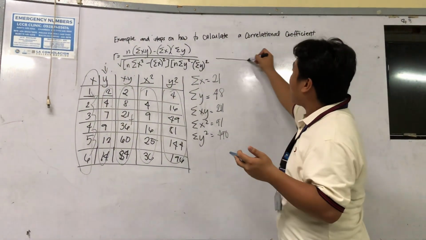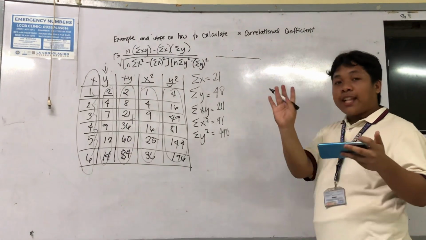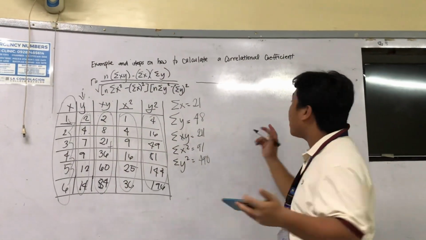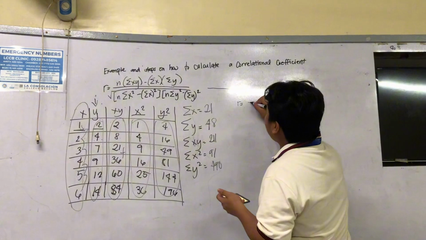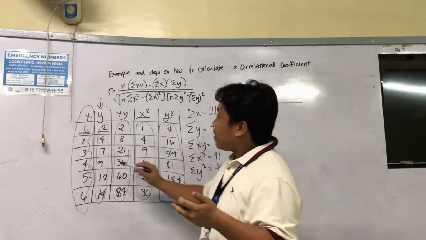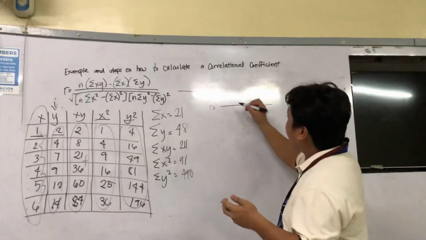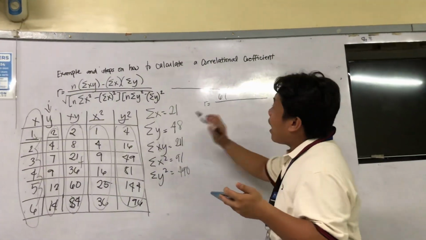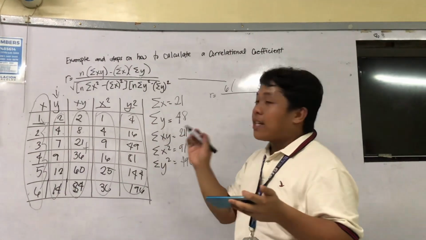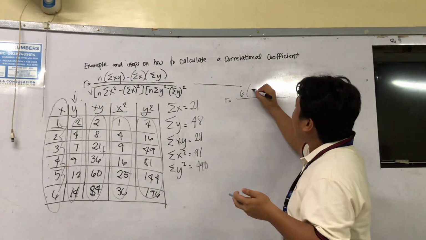Now we use this formula to get the answer for the Pearson correlation coefficient, which is r is equal to, how many n are there? 1, 2, 3, 4, 5, 6. We have 6 for n. And how much is the sigma xy? It's 211.